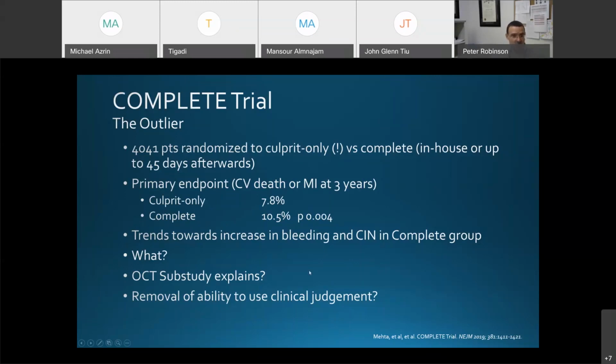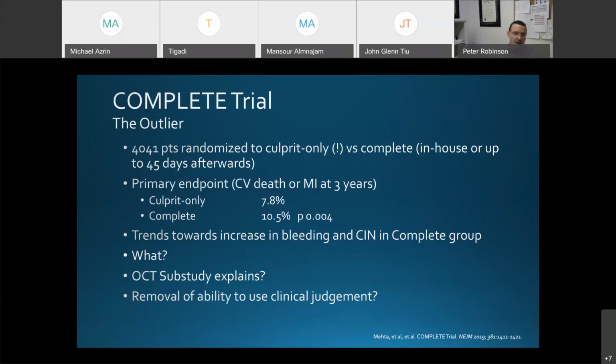It's possible, you could argue, that there was an OCT sub-study that looked at evidence of vulnerable plaque in the non-culprit vessel, and we know this from prior IVUS data, that there's more than one culprit plaque erosion, and the STEMI inflammatory state may actually lead to some of those previously stable lesions becoming unstable, and treating them may have some effect in this setting as opposed to the stable outpatient setting.